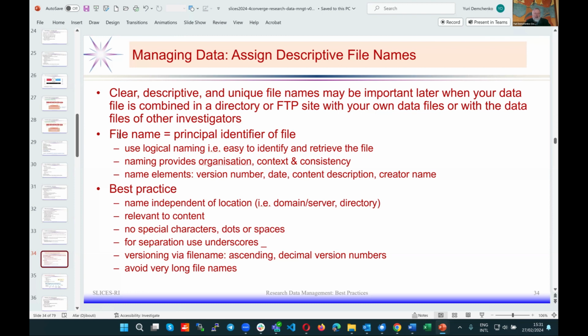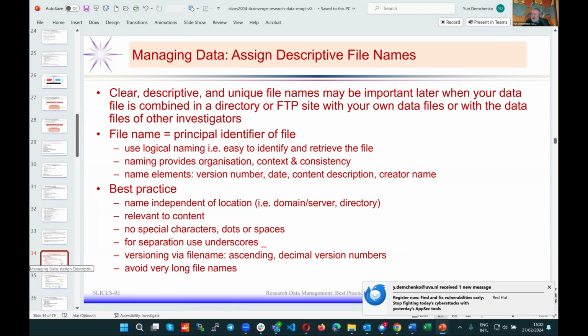So the file name is still treated as the principal identifier of the data. And putting sufficient information in a file name will seriously simplify finding and searching for information. So I included this as a quite important aspect, and I myself use these practices.